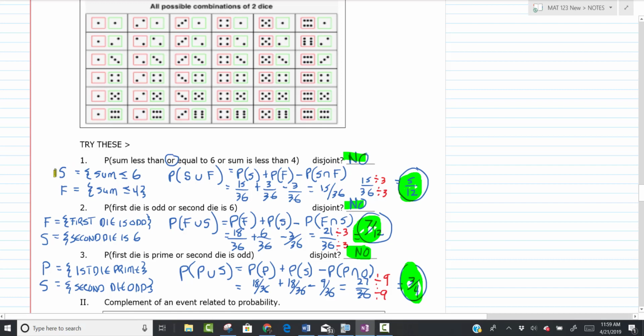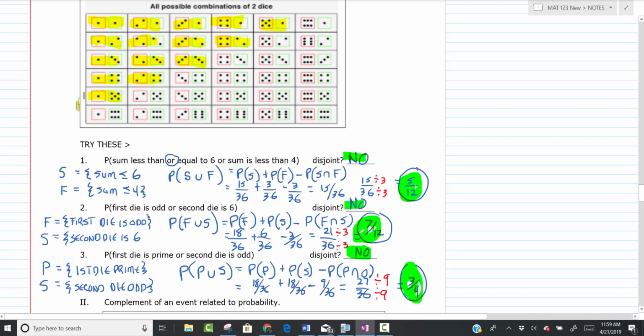Okay, so I went ahead on the first thing here. This one said the sum is less than or equal to 6. Okay, so I'm going to highlight these and count as I go. 1, 2, 3, 4, 5, 6, 7, 8, 9, 10, 11, 12, 13, 14, 15.